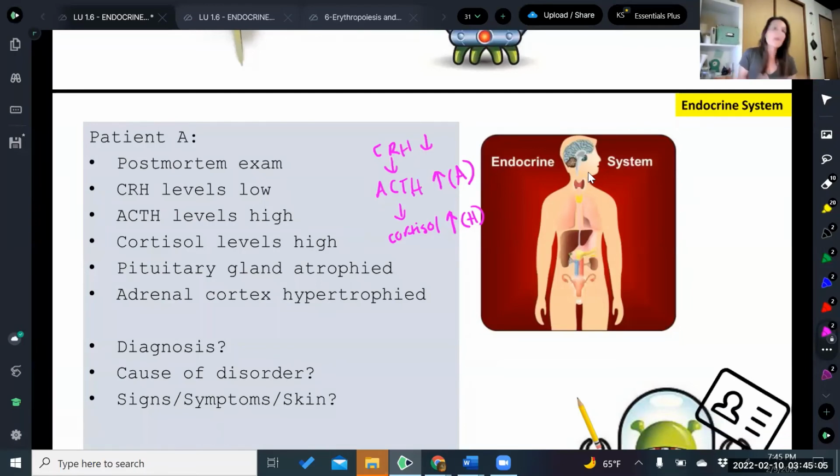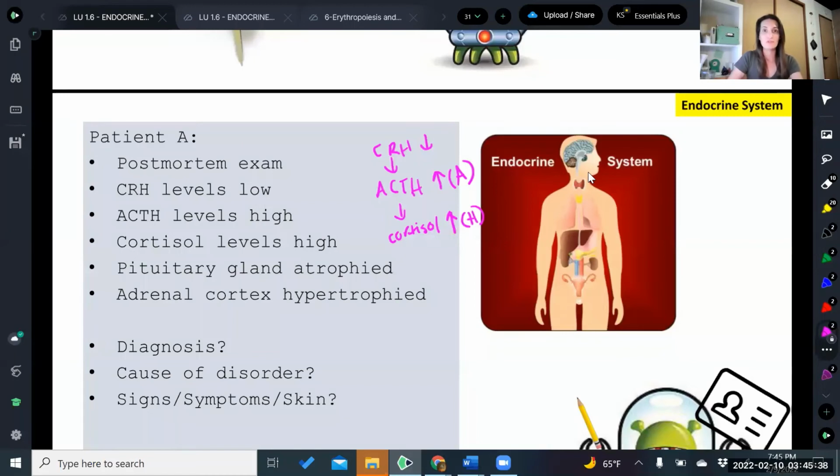Now we didn't weigh the hypothalamus here to get information by hypertrophy or atrophy, but we don't even need to go that far because we already see a disconnect here. We see that we have a hypertrophied adrenal gland and we have high levels of cortisol. That makes sense, right? But then we look at the pituitary gland and we see that it is shrunk, it's atrophied, but the levels that we see within circulation of ACTH are abnormally high.